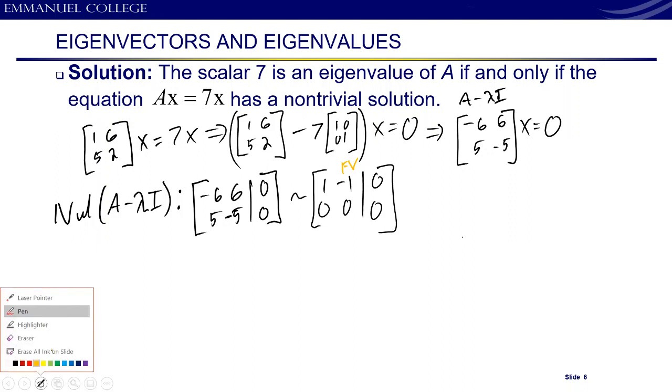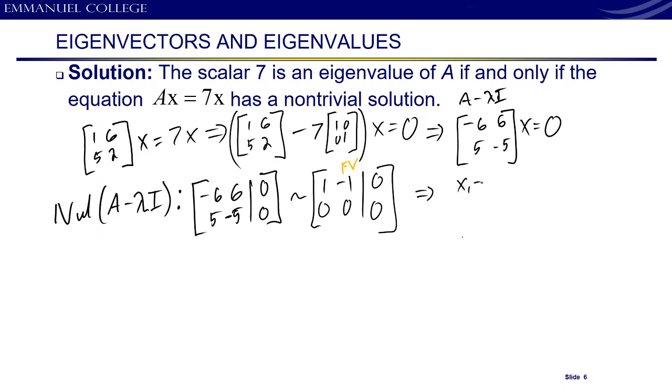So what I've got now is that if I were to set this up as a matrix, I have x1 minus x2 equals 0. So then that means that x1 has to equal x2. And of course, x2 would equal x2 because it's a free variable. So your vector x is going to be just the vector 1, 1.